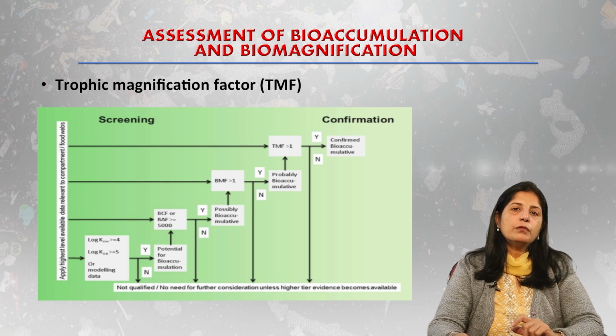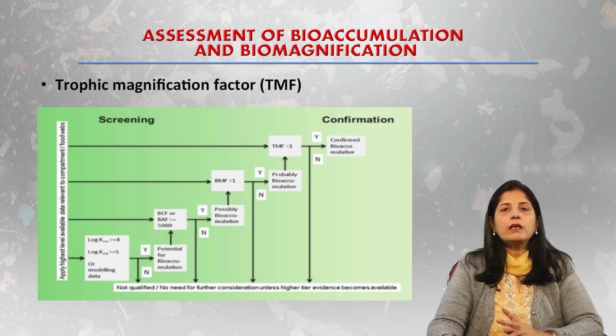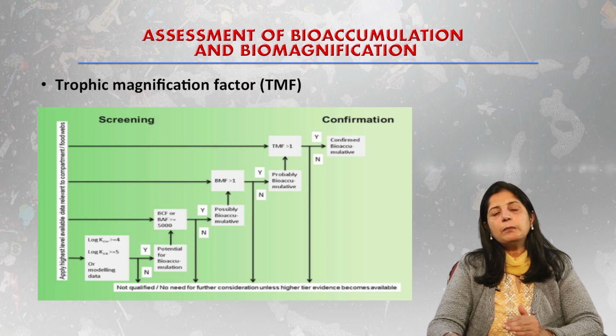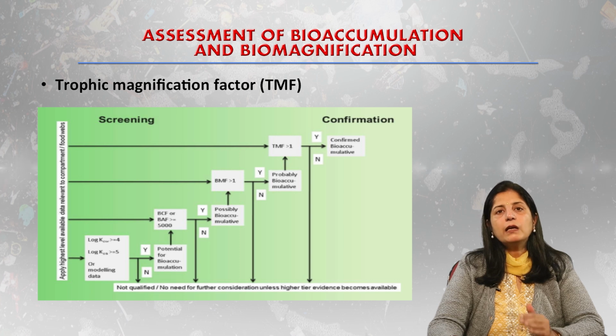If that also comes positive, then you go for biomagnification. Finally, the trophic magnification factor is determined, which shows the increasing concentration of the substance through the food web. Once all these factors are determined and confirmed, we can safely say that that particular chemical has a tendency to be bioaccumulated and biomagnified.